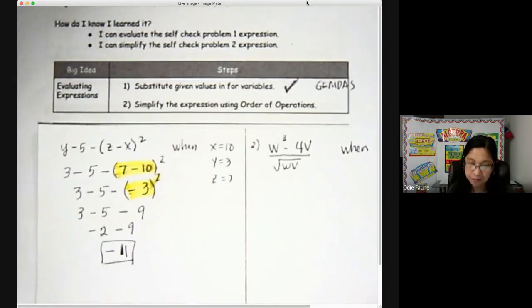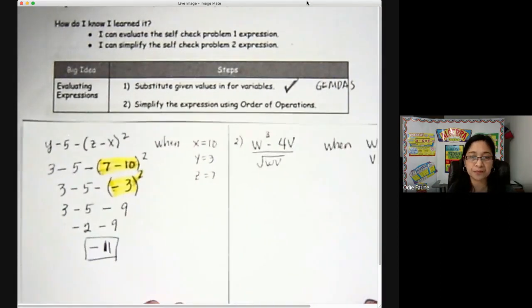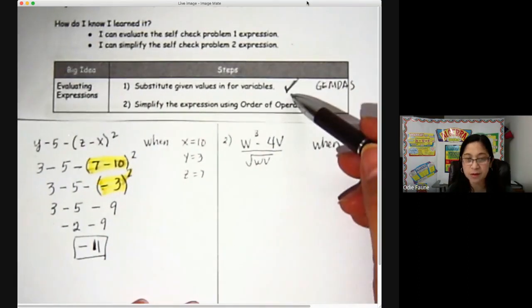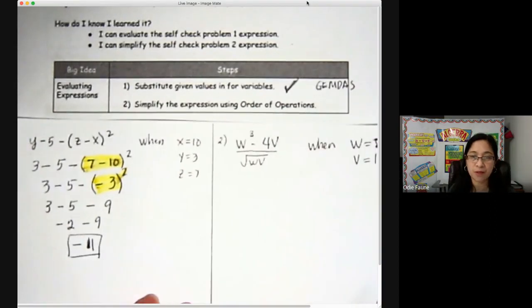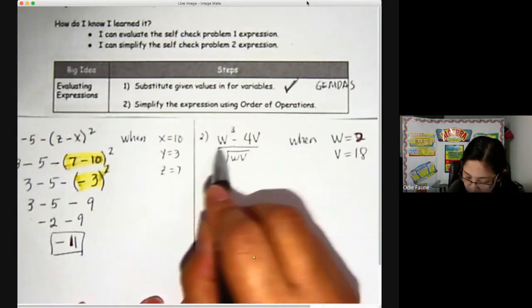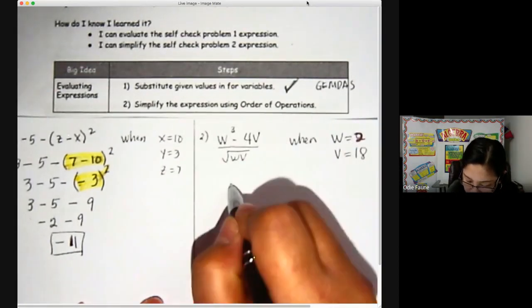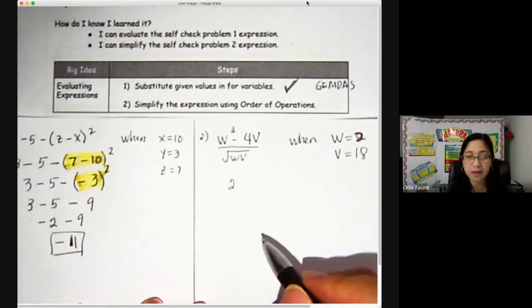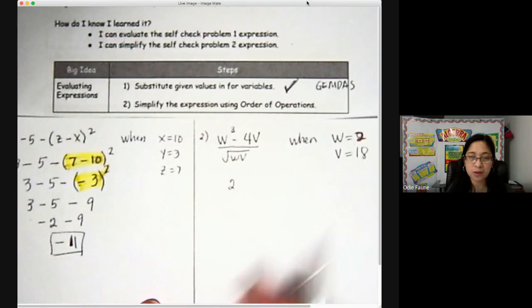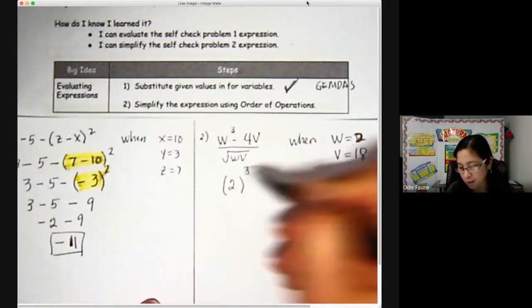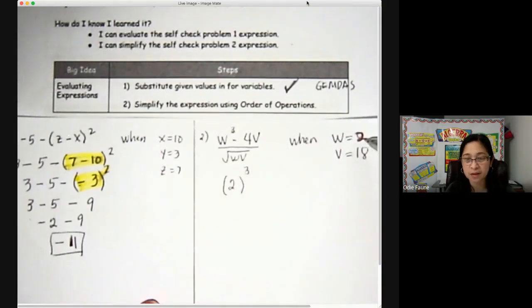Okay? So what about the next? Substitute given values in for variables. We will follow the same steps. This is 2. So we substitute 2 for W. W is 2. Make it a habit that every time you substitute or plug in a number, you put it in parentheses, because sometimes the number is a negative.